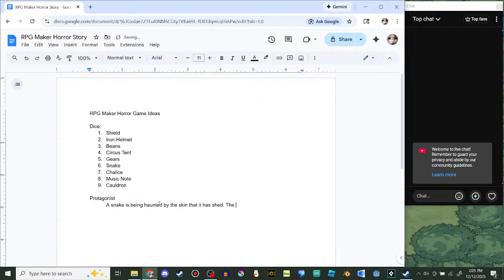The skin has come to life because... why did the skin come to life? It's haunting the snake.